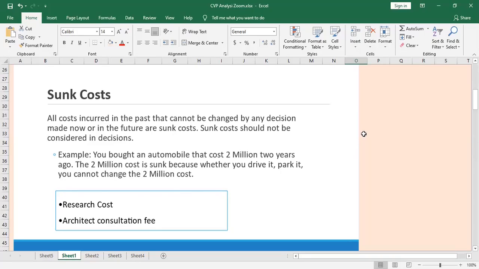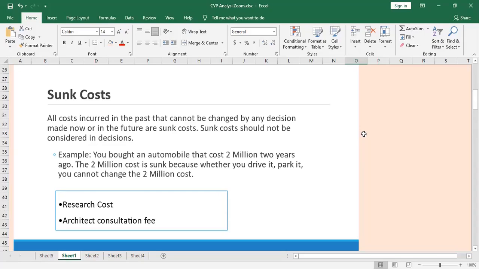Because if we cannot change that particular cost item when we are making a particular decision, there's no point of considering that. I will give you some examples, like the research and development expenditure, right? And the expenditure that we will have to incur when we are registering our company, when we are starting our company.